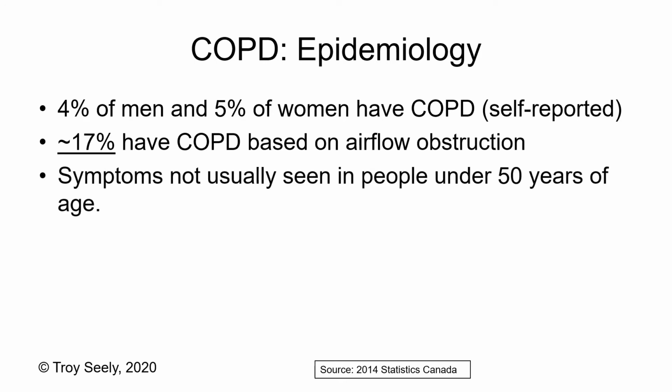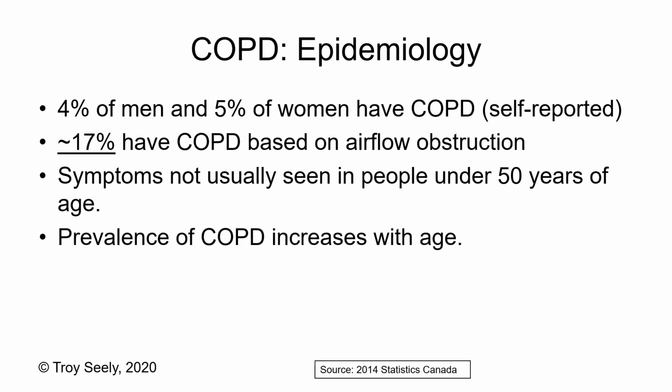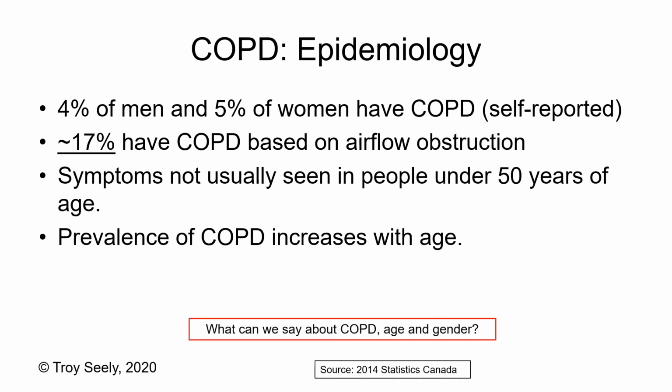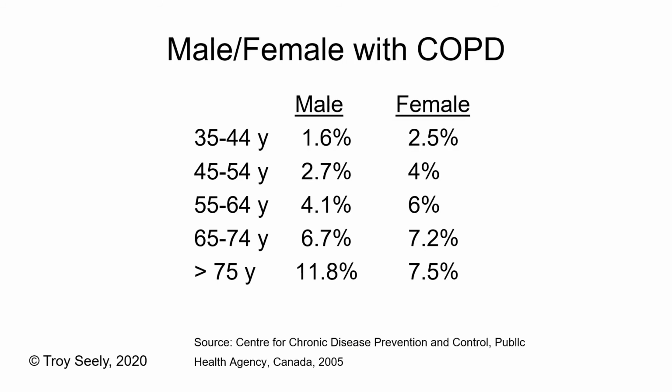Symptoms of this disease are not usually seen in people under the age of 50, and we note that the prevalence of COPD tends to increase with age, which leads to the next question: what can we say about COPD from an age and gender perspective? The correlation between age and gender is of interest related to COPD. Starting at the age of 35 and ascending in age, we find that from 35 through to 64, it is more prevalent in women than in men.